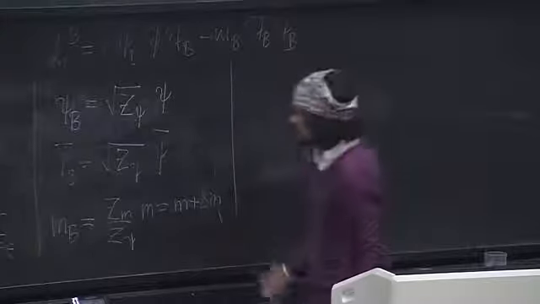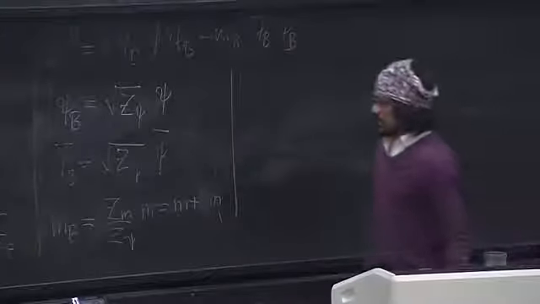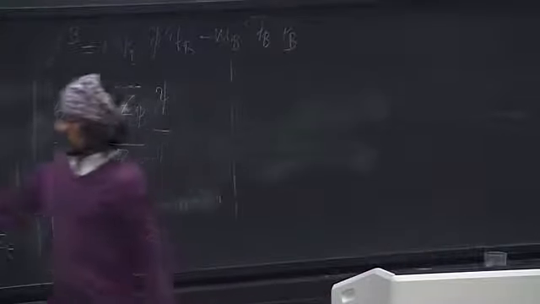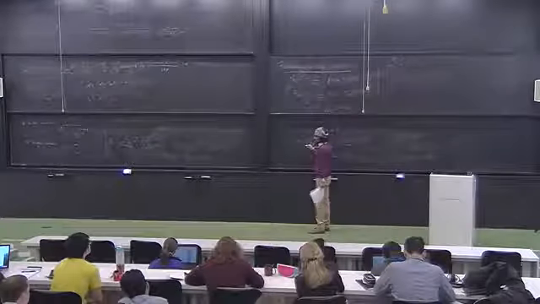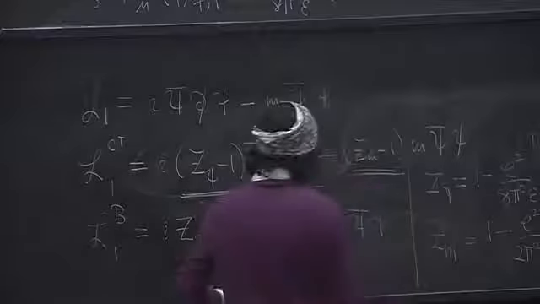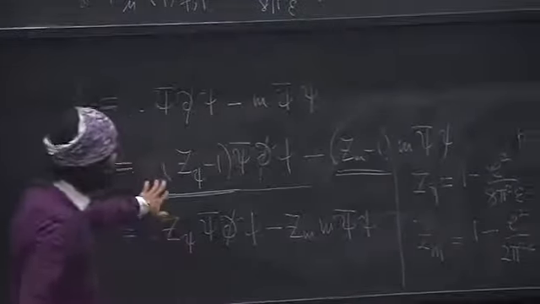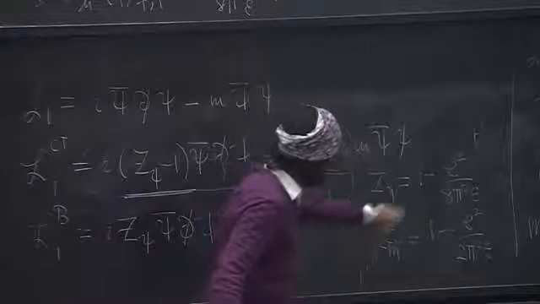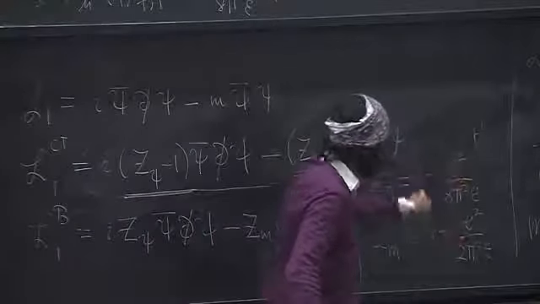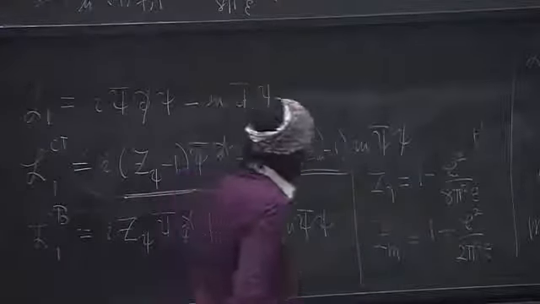Now, this Lagrangian is of the order of e squared. If you look at the expression for the Z's, these have e squared, and the ones are canceled out by these ones, right?